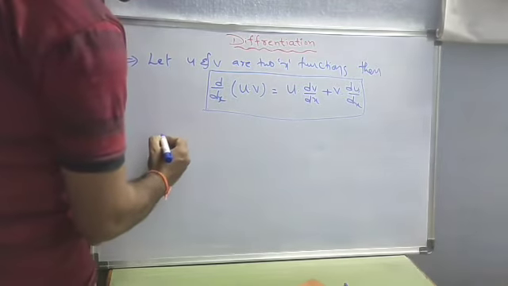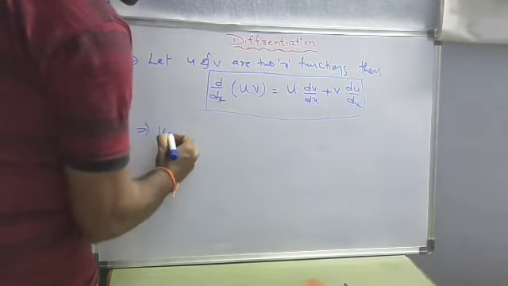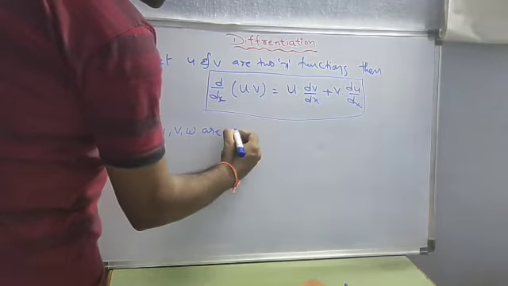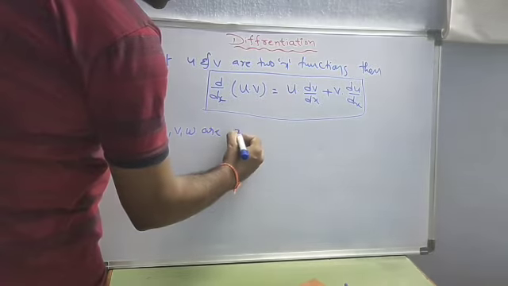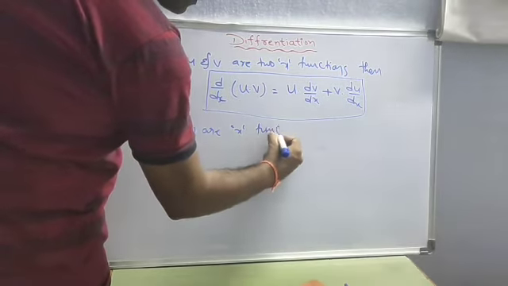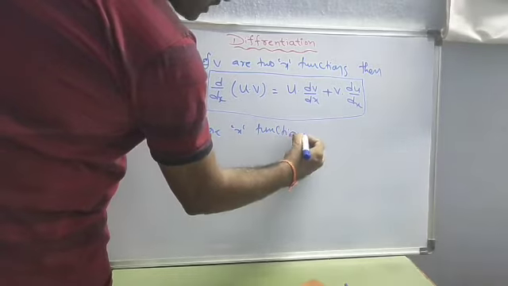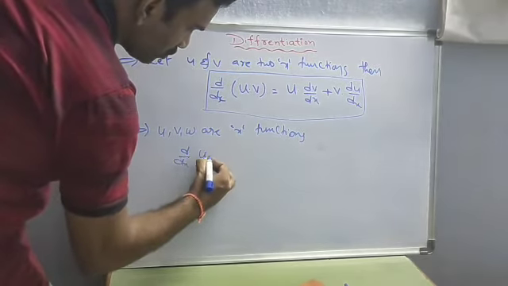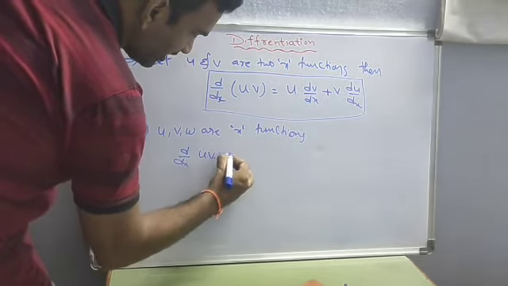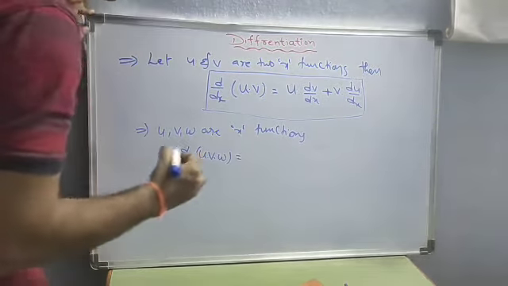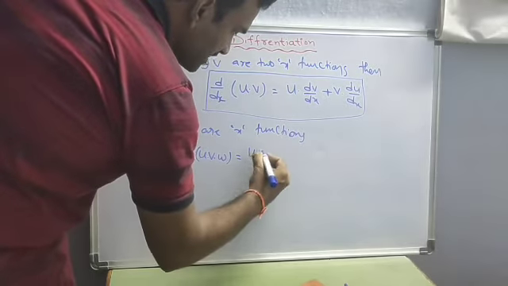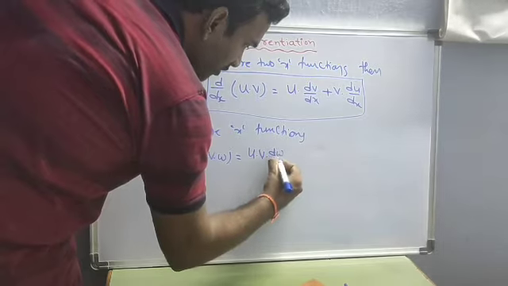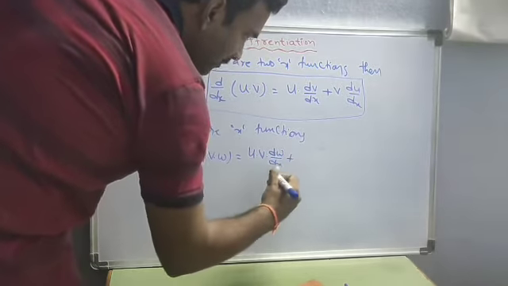Suppose you take u, v, w as x functions. Total how many functions? Three functions. d by dx of u v w equals the same pattern. There is no change in u and v; compulsorily you have to do the differentiation for w.